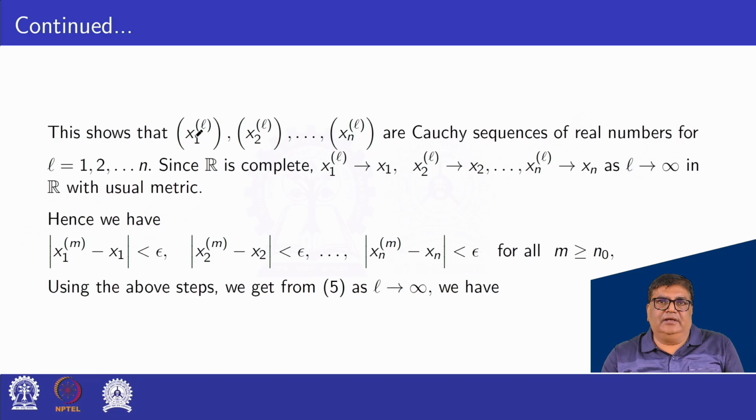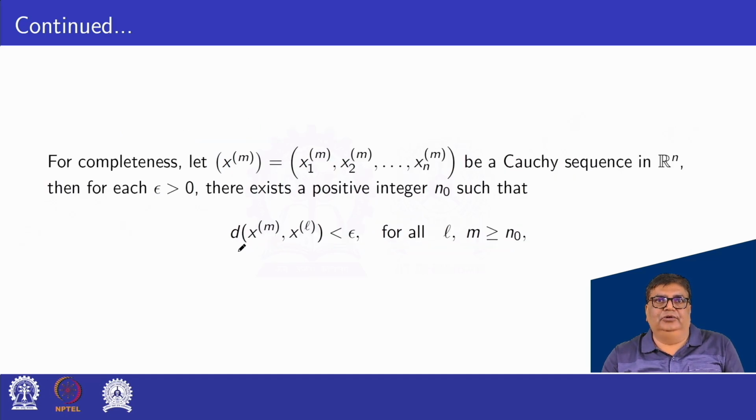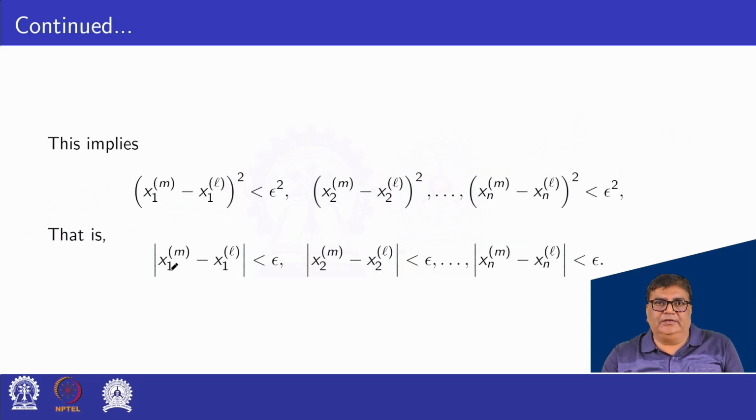This shows that (xl1), (xl2), ..., (xln) are Cauchy sequences of real numbers for l = 1, 2, ..., n, because x = (x1, x2, ..., xn) with each xi individually in R. So a Cauchy sequence xm is defined as (xm1, xm2, ..., xmn), which means each coordinate is a point in R. Here |xm1 − xl1| < epsilon, |xm2 − xl2| < epsilon, and so on, |xmn − xln| < epsilon.